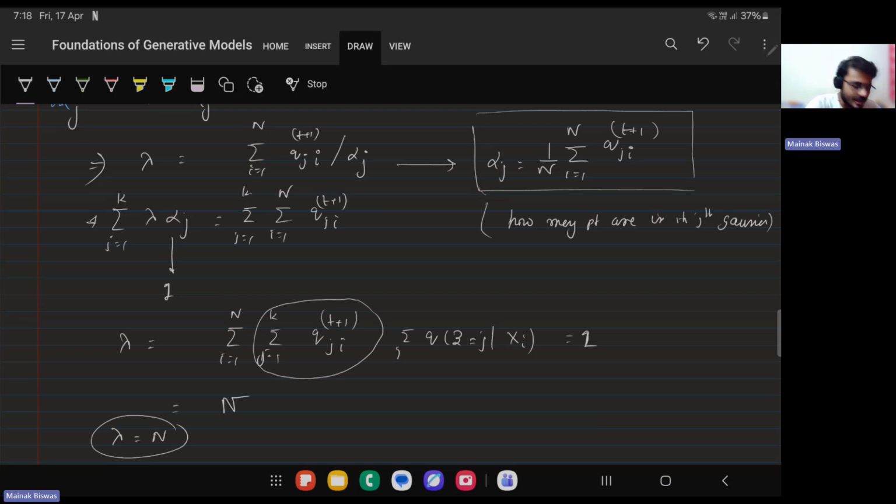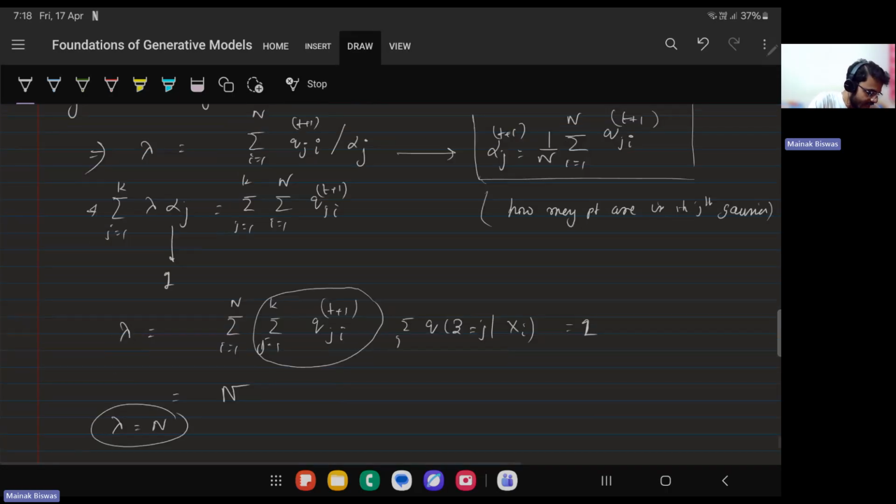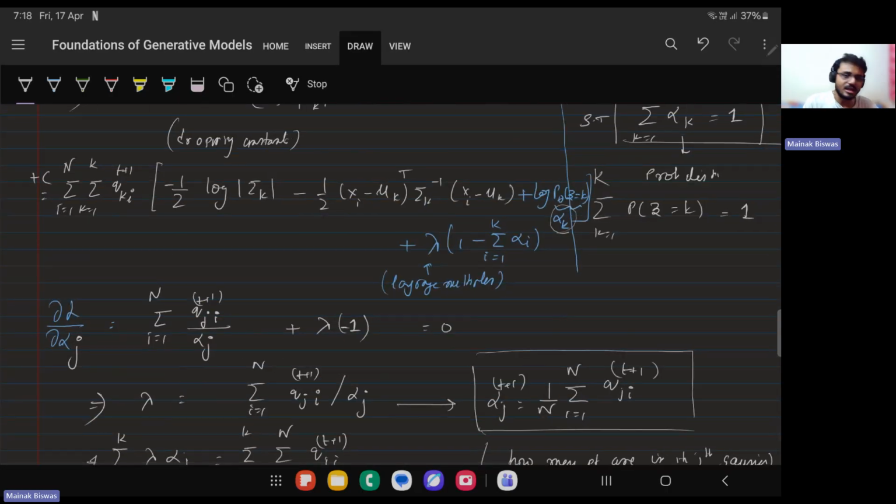So now once I get alpha t plus 1, next similarly I can do dl d mu k. You can look into the Wikipedia matrix algebra page. We have done those algebra before in class as well.